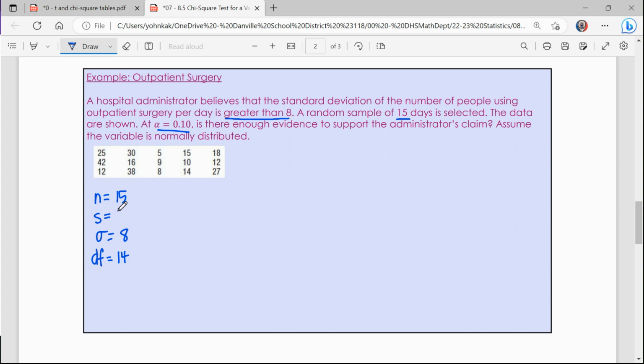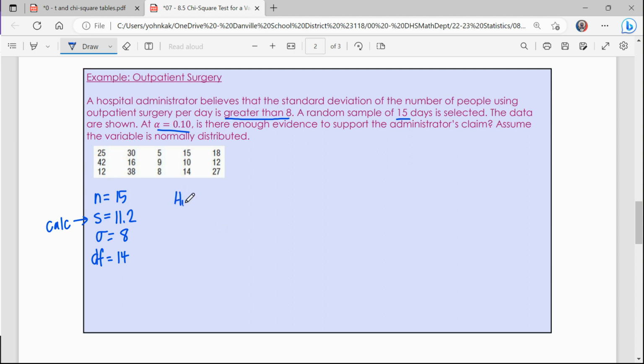I do not have my sample standard deviation. However, I can use my calculator to find it by entering the numbers in and doing a 1-var stat. If I do that, I get a sample standard deviation of 11.2. I rounded it to 1 decimal because my data had no decimals.